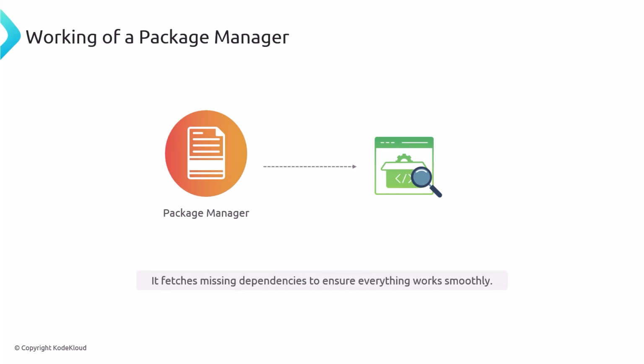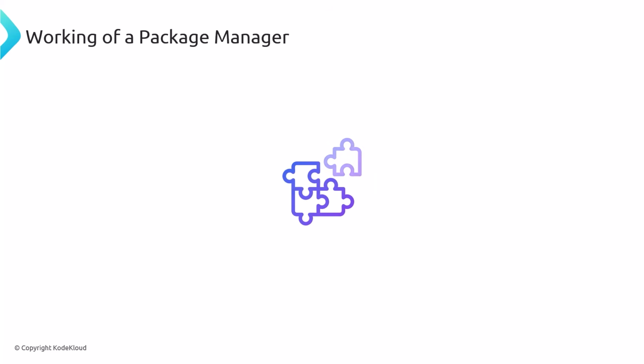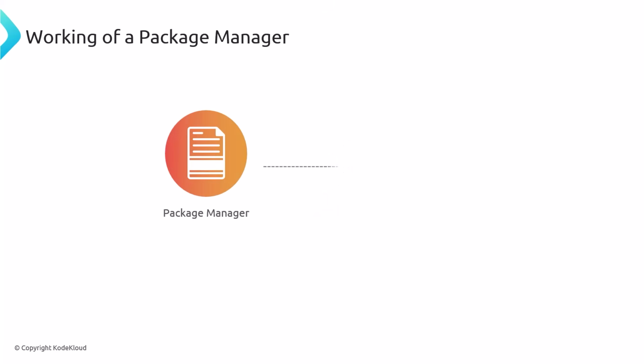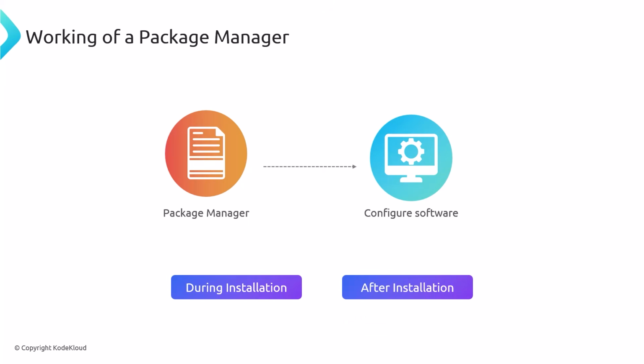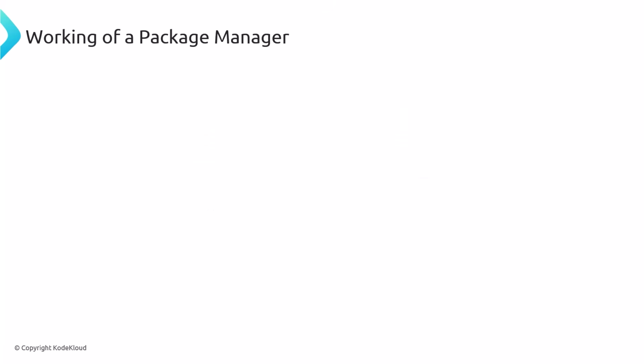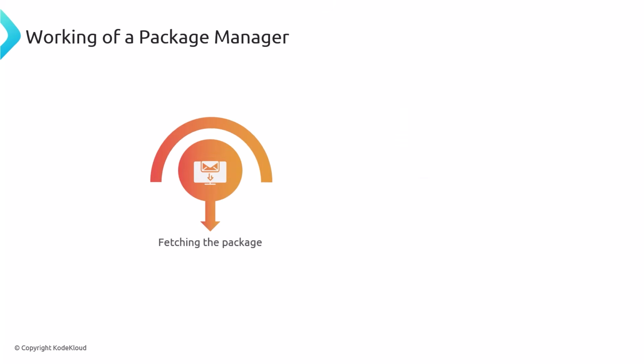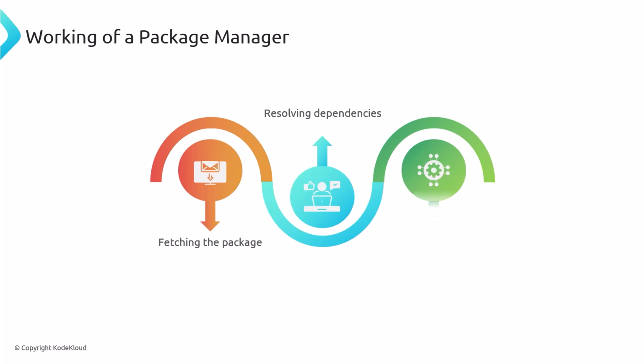If any dependencies are missing, it grabs those too, ensuring that everything works smoothly together. Once all the necessary pieces are in place, the package manager might also help you configure the software, either during the installation or after, so it fits perfectly with your system setup. The whole process, from fetching the package to resolving the dependencies and setting up, makes managing software efficient and reliable.